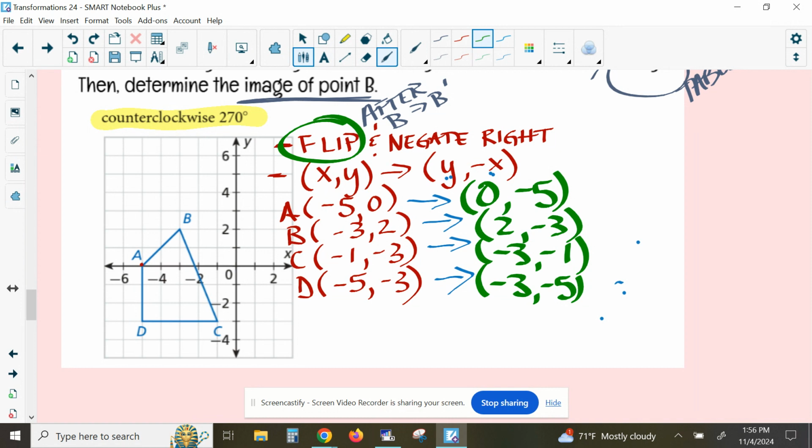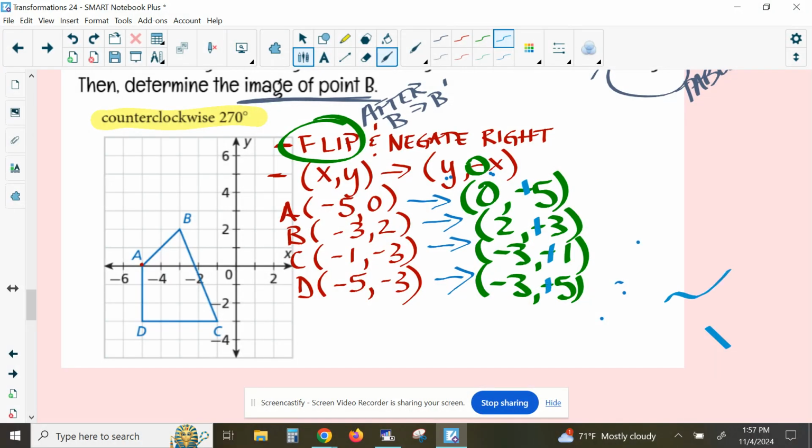But the next step is I have to negate the one on the right. See this little negative right here? That means I need to change the sign of all of the numbers on the right-hand side. So I'm going to do it in different colors so you see it. I'm going to change this sign, this sign, this sign, and this sign.